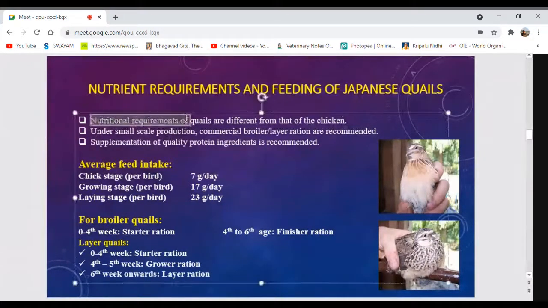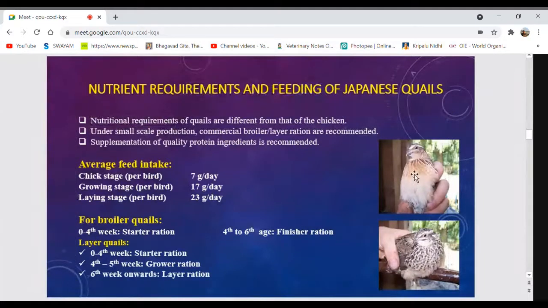One thing you have to remember: since their body size is very small, maybe 150 or 200 gram in adult Japanese quail, the average feed intake is very less, maximum 22 to 25 gram for the adult.